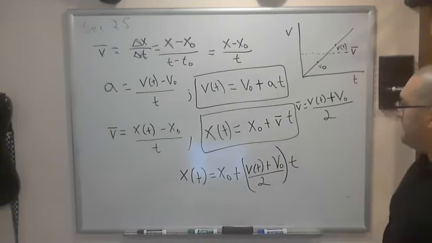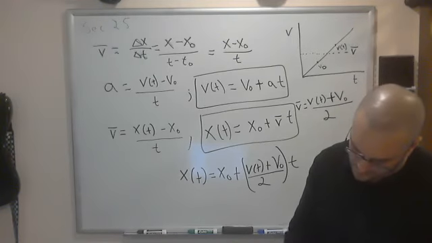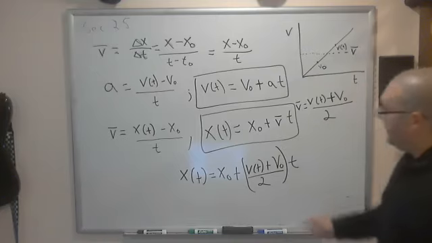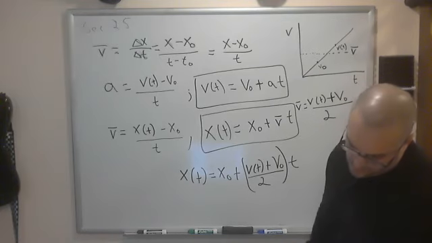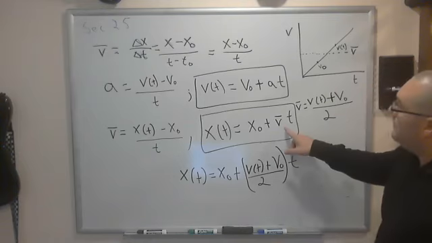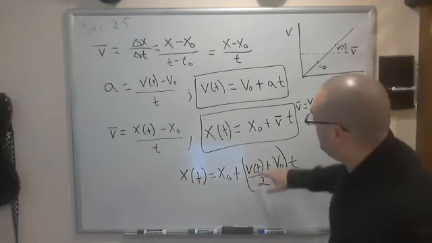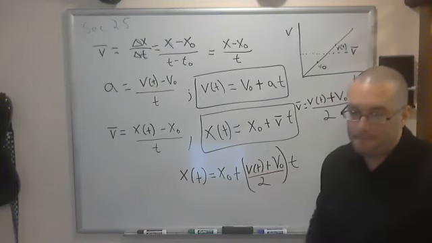Now we have 2 functions of t. We have x and then we have v(t).